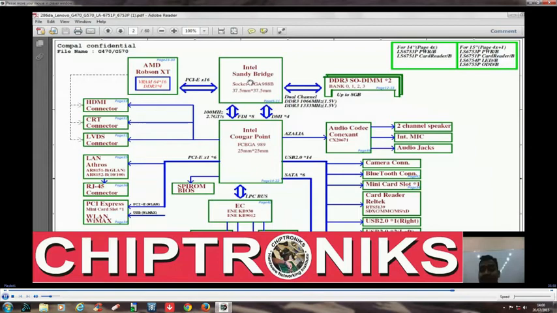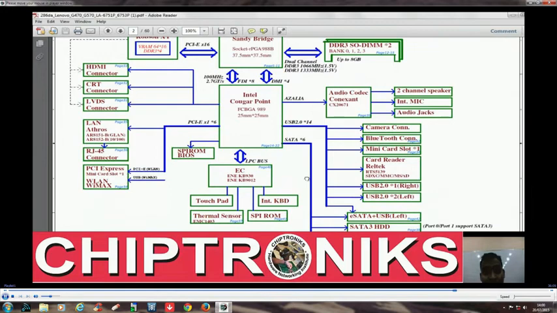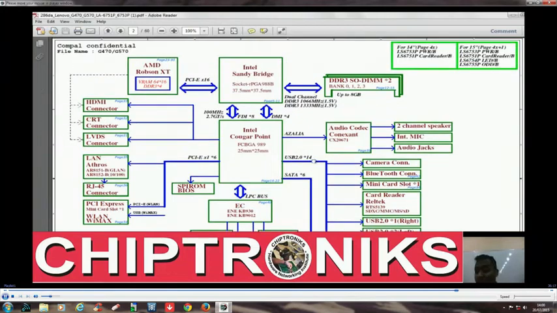Similarly, the graphic is directly connected to the CPU, so it would be much faster for graphic processing. And we have a lesser number of big BGA chips on notebook motherboards, so it's very easy to repair i3 based and i5 based notebook motherboards, because there are fewer BGA chips present on these motherboards.